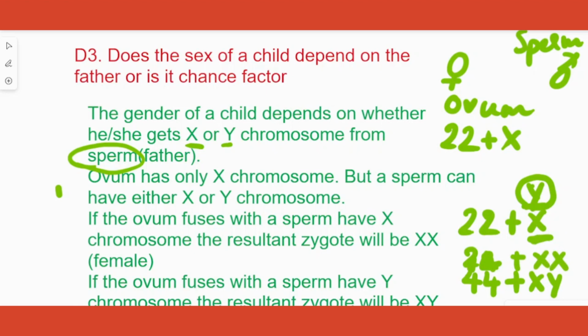Those are the two possibilities for a child, and therefore it depends upon whether the ovum, containing X, fuses with a sperm containing X or Y. Depending on that would be the gender of the child.